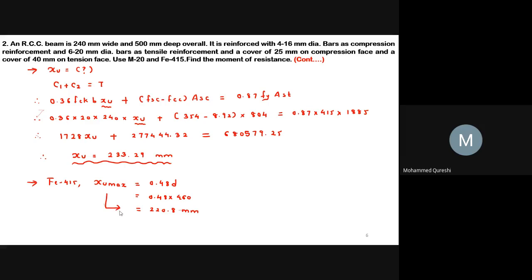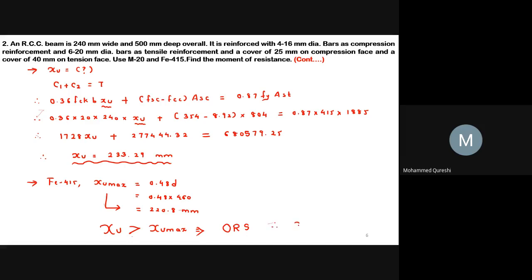Now here the value of xu is greater than xu max, hence our section is an over reinforced section. So xu, that is 233.29, is greater than xu max, that is 220.8, hence the section is over reinforced.